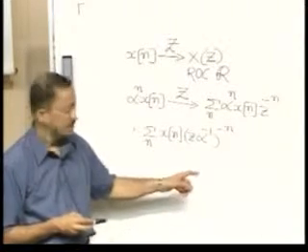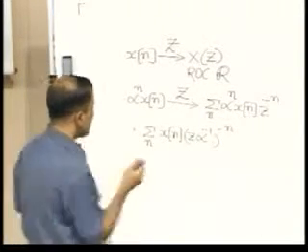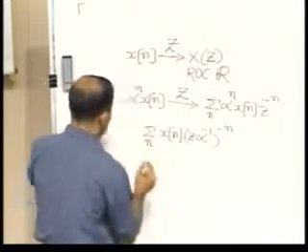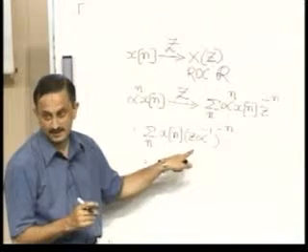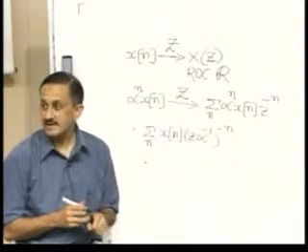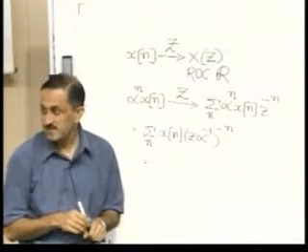And therefore, this can be recognized as the expression, the Z transform of x n with the variable z replaced by z alpha inverse.